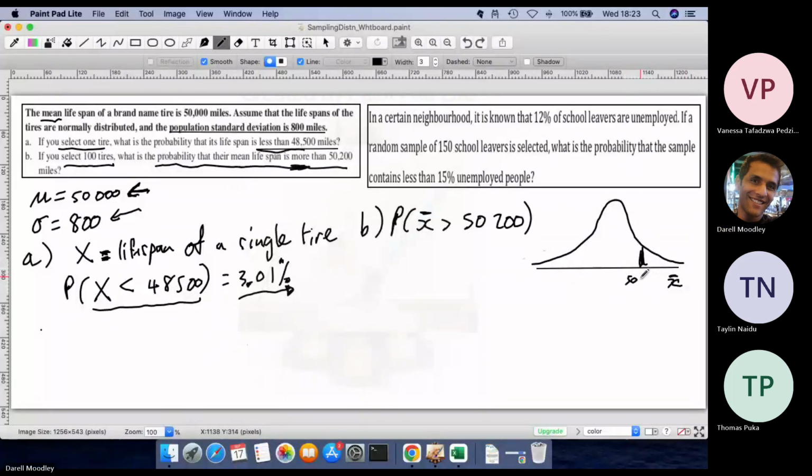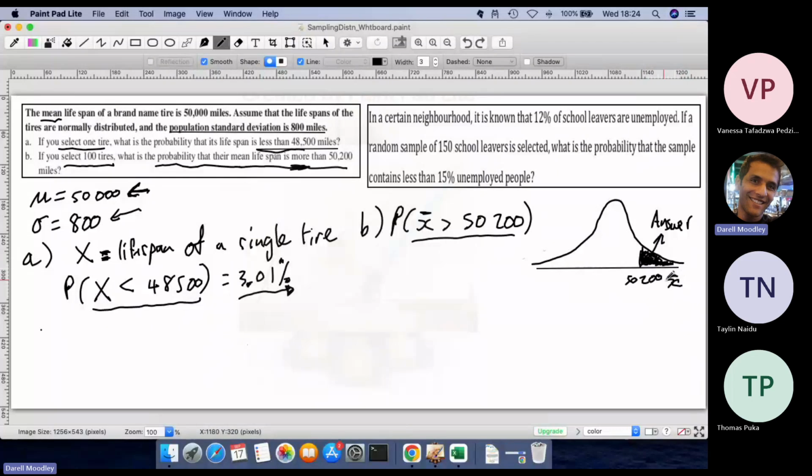And they want you to find the area for everything to the right of 50,200. So you need to find this area here, and that's the answer to this problem. If you find this area, that is the answer.